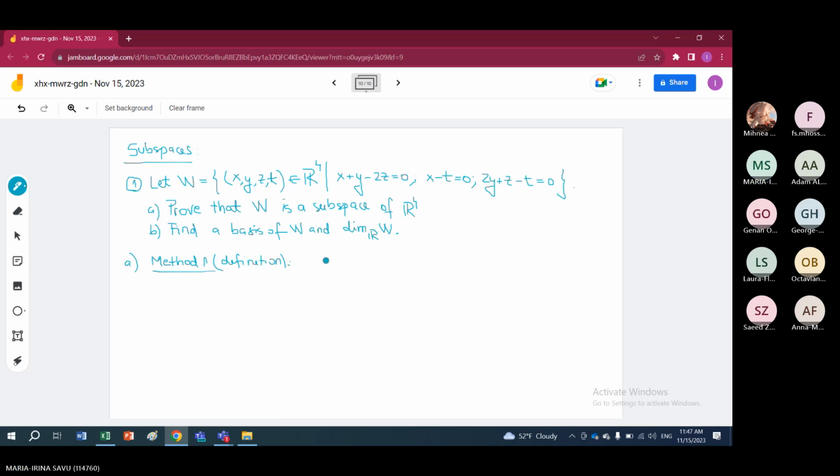This method tells you that if you manage to prove that V1 plus V2 is a vector from W for every V1 and V2 in W, and if alpha V1 is in W for every V1 in W and every scalar in R, then W is a subspace of this vector space.